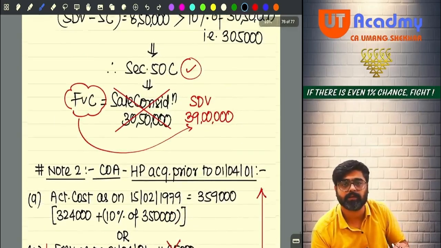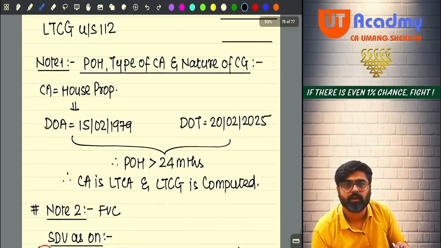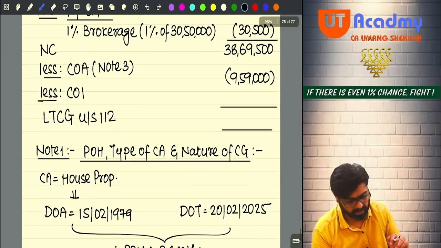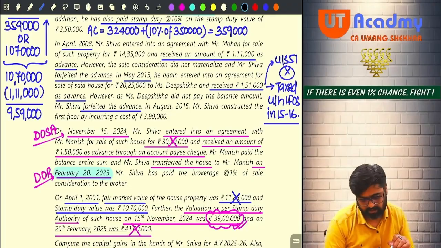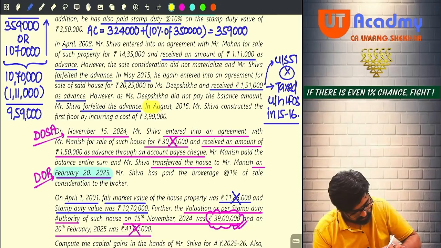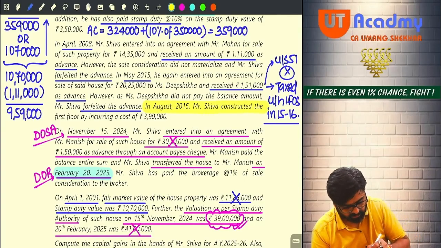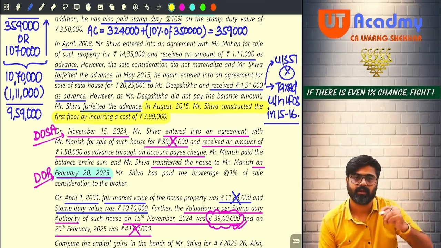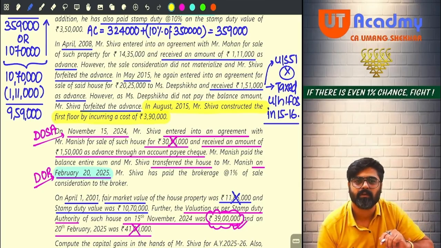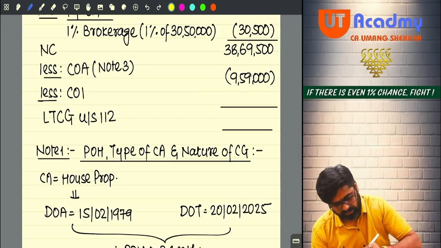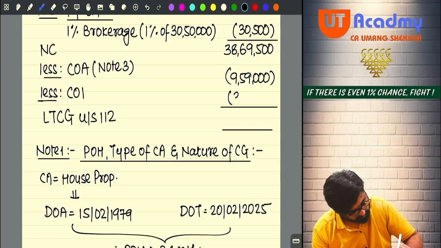Hence, this 9,59,000 is taken over here. Cost of improvement I forgot, now I will consider. In August 2015, Mr. Shiva constructed the first floor by incurring the cost of 3,90,000. So now we have to consider that also. Will we index it or without indexation? Without indexation. So the entire 3,90,000 I will reduce here without any indexation.